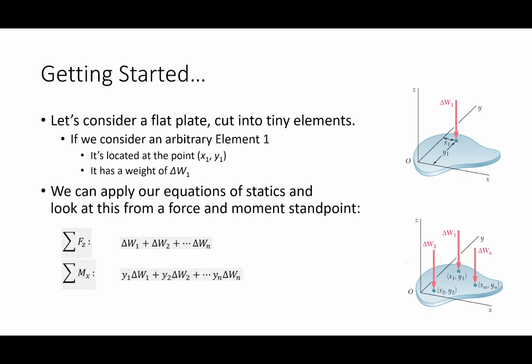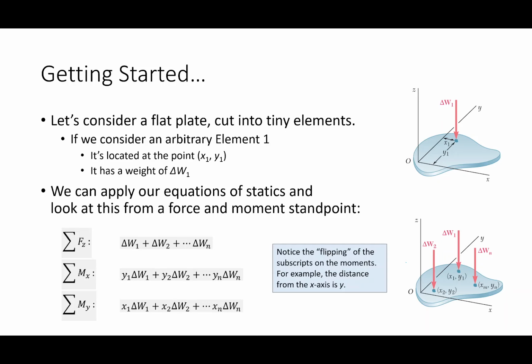So there's a flipping there. If I'm summing moments about the x-axis, I take each of these terms and multiply them by y. And likewise, if I'm summing moments about the y-axis, I take each of the terms and multiply them by their x-coordinates. Does that make sense? All right. Everybody with me so far? So again, notice that flipping.